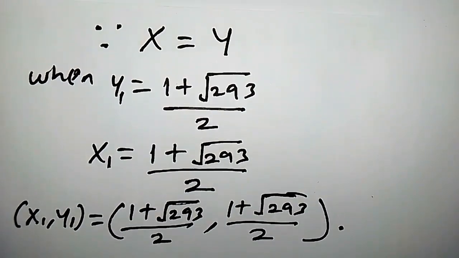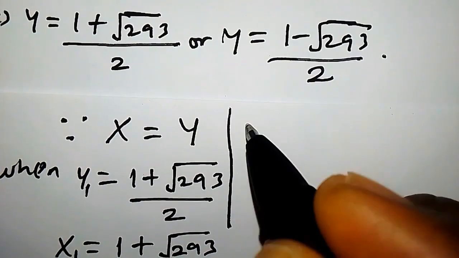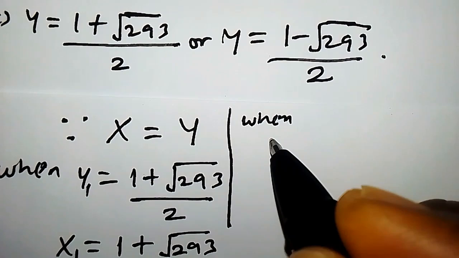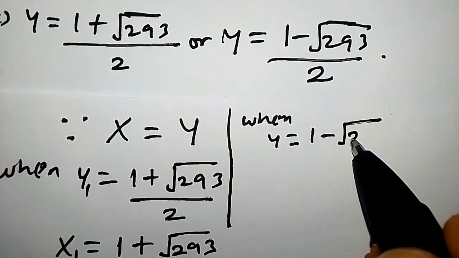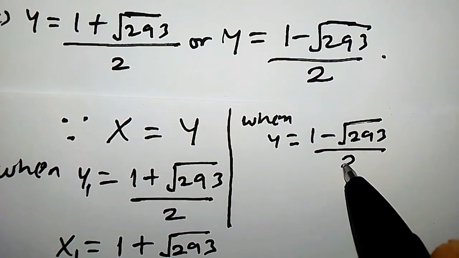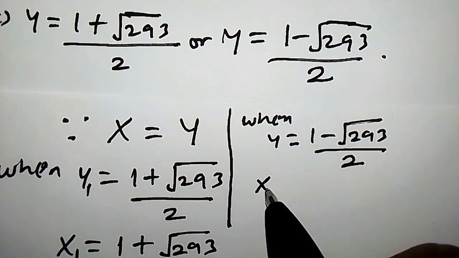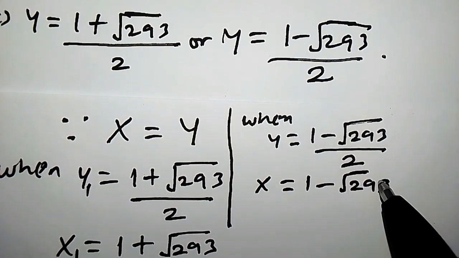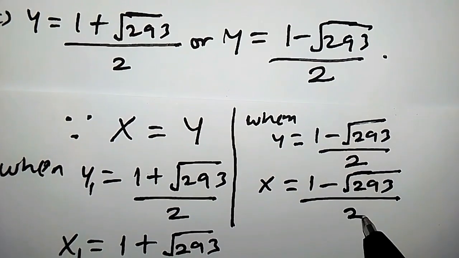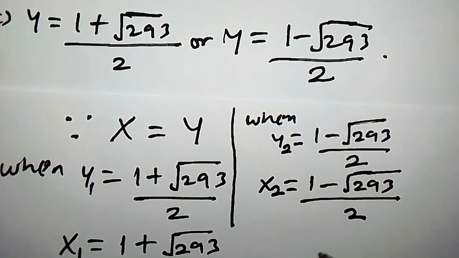Now let us consider the second value of y, when y is equal to 1 minus root 293 divided by 2. By plugging this value of y into this, x is equal to 1 minus root 293 divided by 2. Let's call this x2 and this y2.